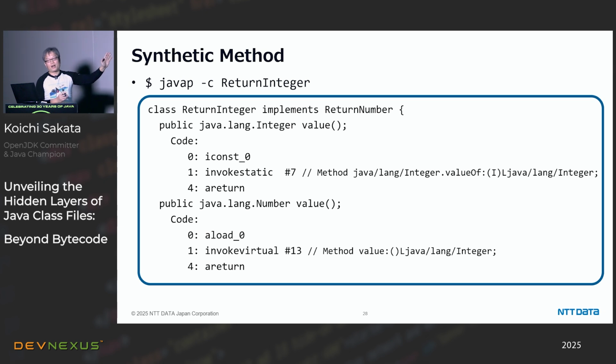By using javap on this class, you will see that the value method returning a number is also added to the class's methods. This is to match the signature of the interface and the implementing class. Even if a method isn't written in the source file, it can be added to the class file.